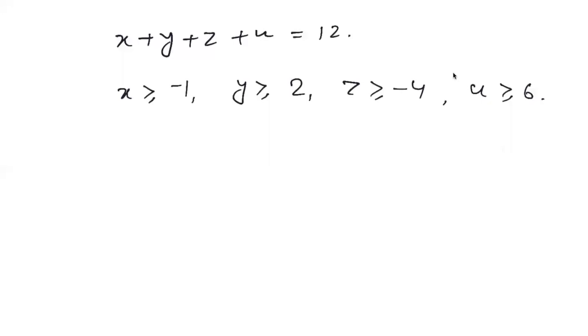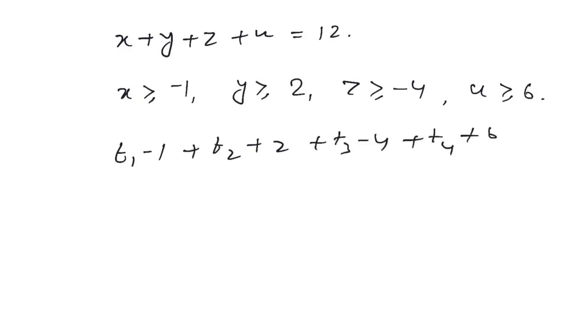So directly you can write the answer in this case also, right? t1 minus 1 plus t2 plus 2 plus t3 minus 4 plus t4 plus 6 is equal to 12, right?